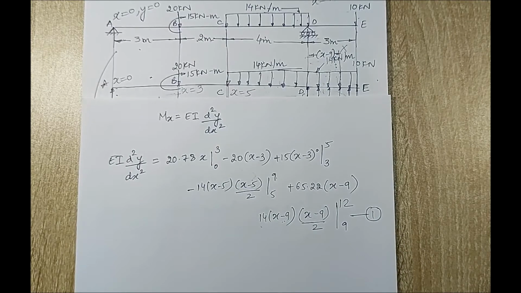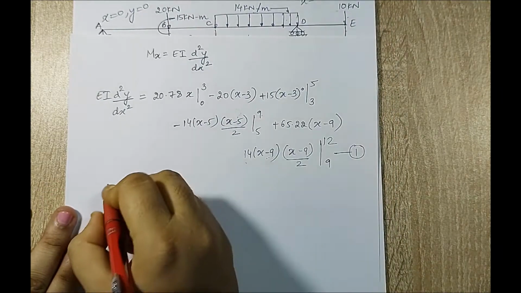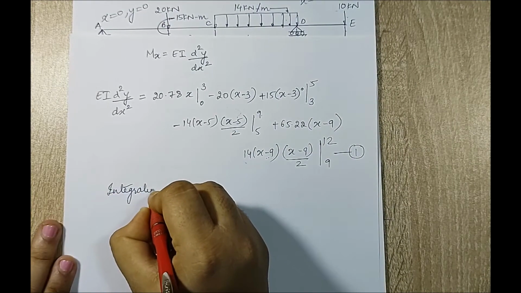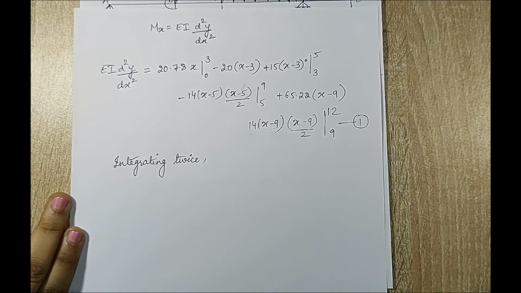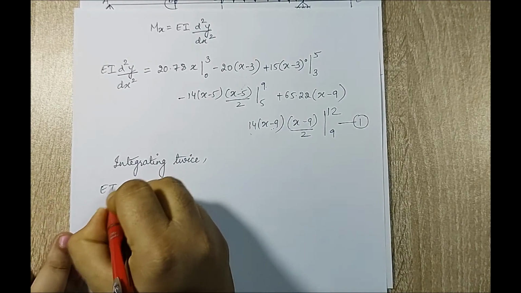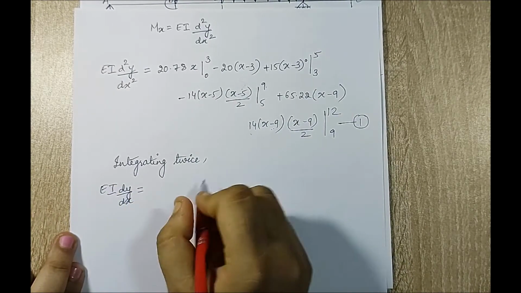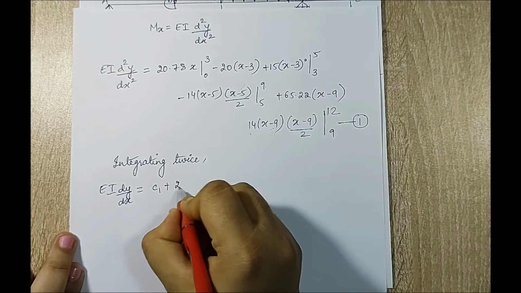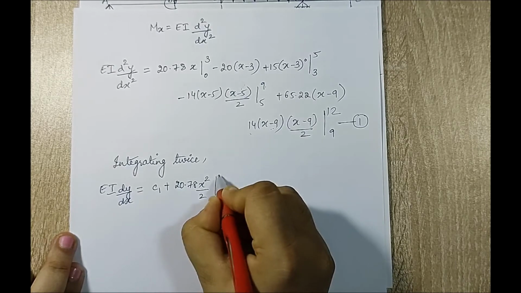Next, I am going to integrate this and I am going to find out the slope and the deflection equation. So I'll write down integrating twice. So the first term will be EI dy by dx is equal to, I'll first write the constant of integration C1, plus this term will become 20.78 x square by 2 from 0 to 3.